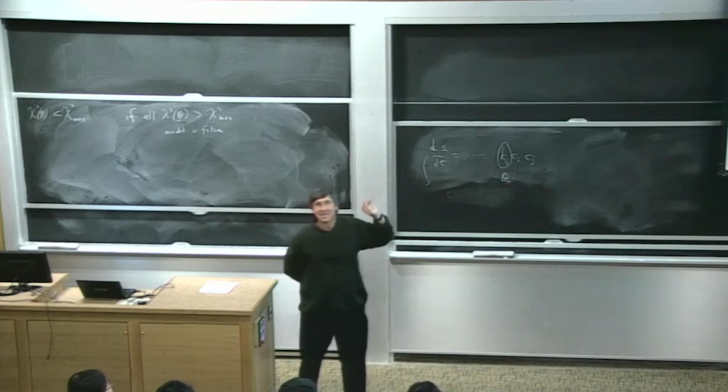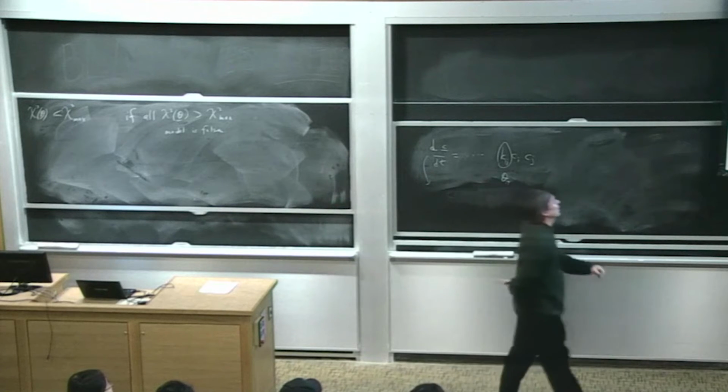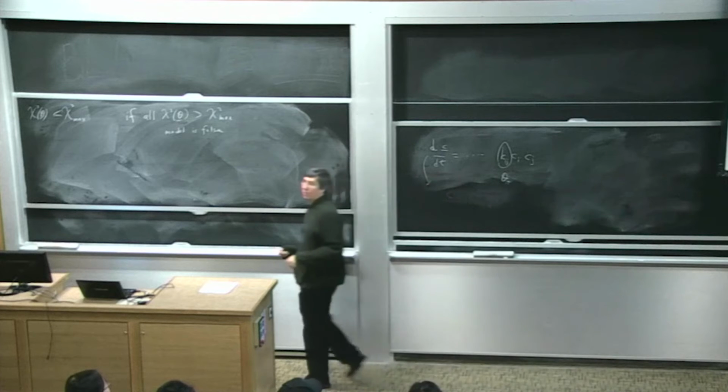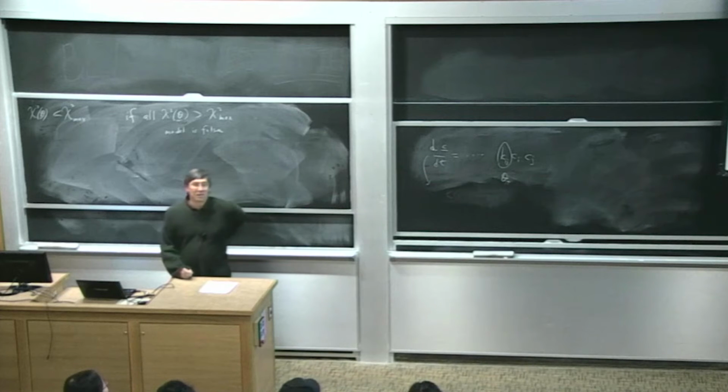Don't believe it, though, because Adam Singer went back and did global optimization using the same model, and his red line goes right through all the points really well. Do you see that? See this red curve? That's the true best fit. All the fits that James had found were local minima in the chi-squared surface.